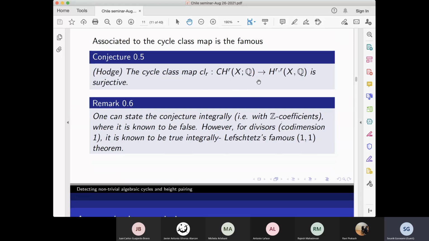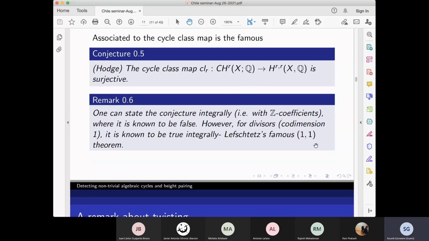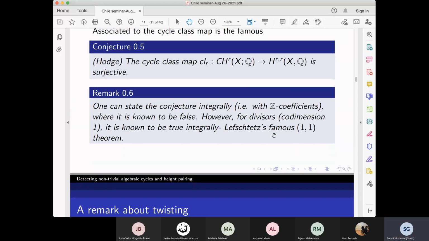That's the beauty of this conjecture. Very recently here in a talk, I heard about one attempt at this Hodge conjecture using tropical geometry. So many different fields are coming into the picture to solve this conjecture, but for the moment, they're not completely successful.